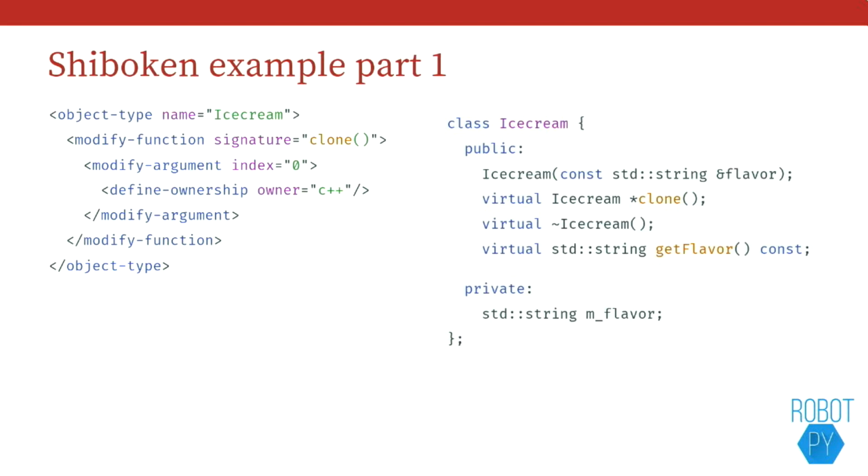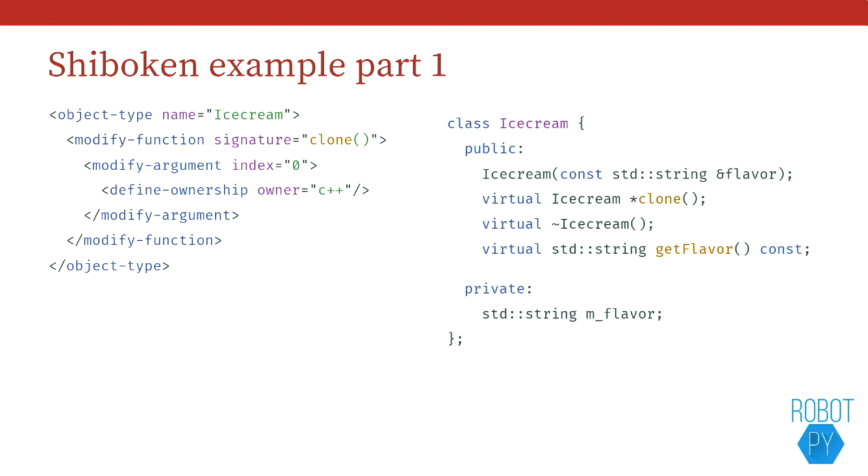Here we have our first class that we're binding to. On the left-hand side is the XML. The right-hand side is the C++ declaration for it. You can see we have two methods in there, but the XML only talks about one of them.